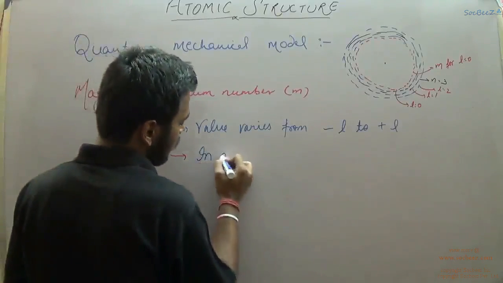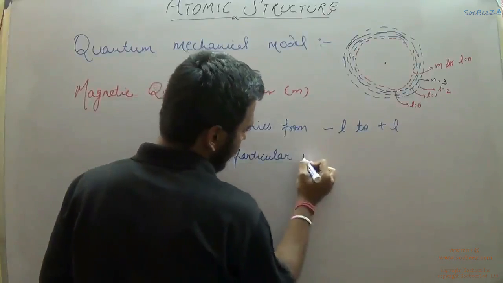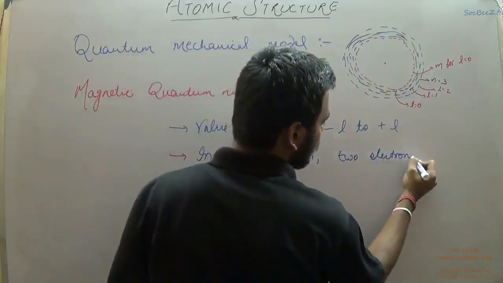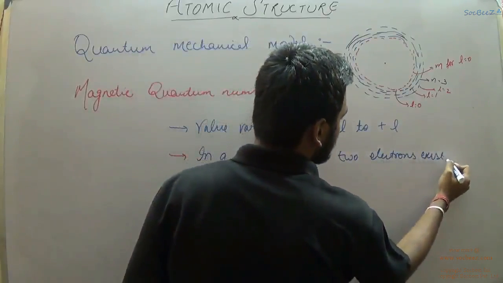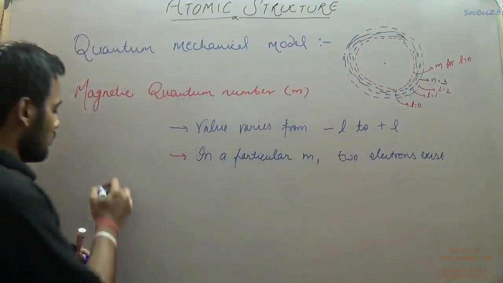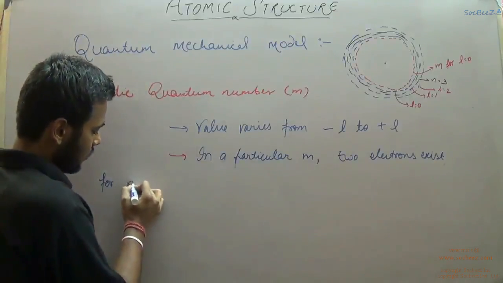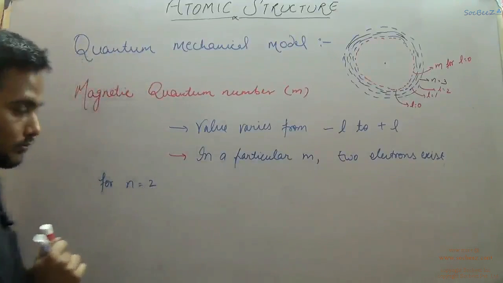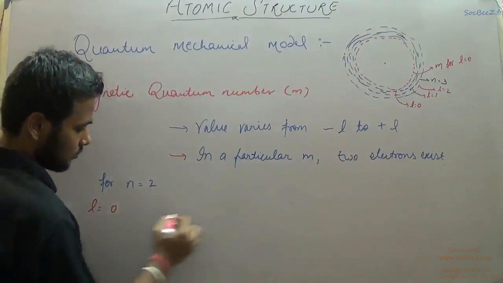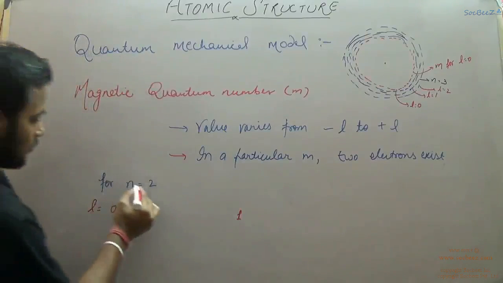So therefore, suppose N equals 2, L equals 0, 1.